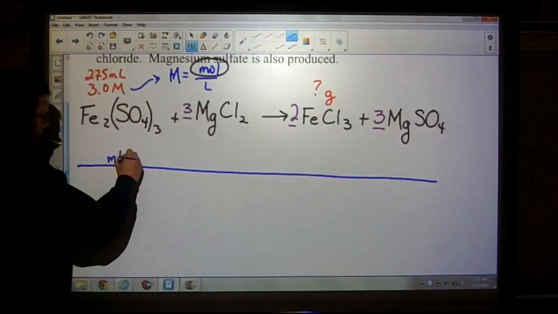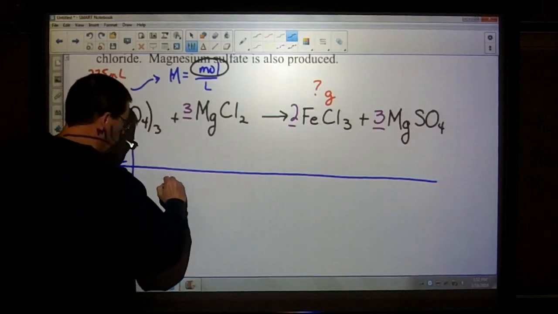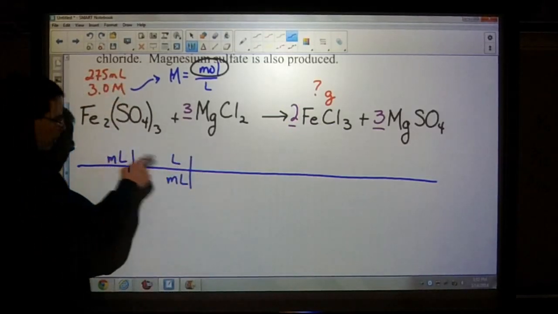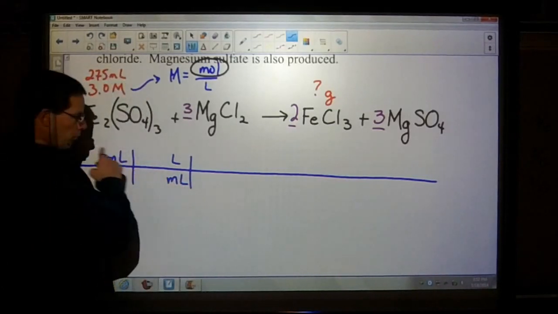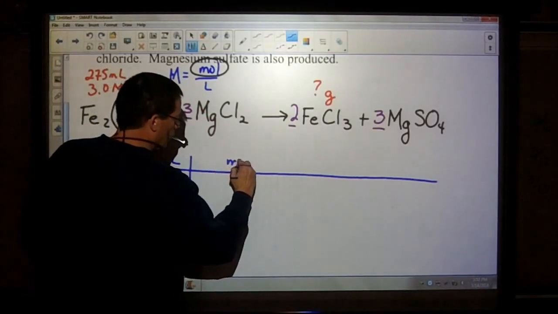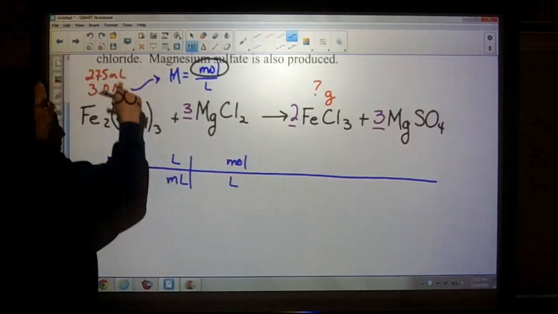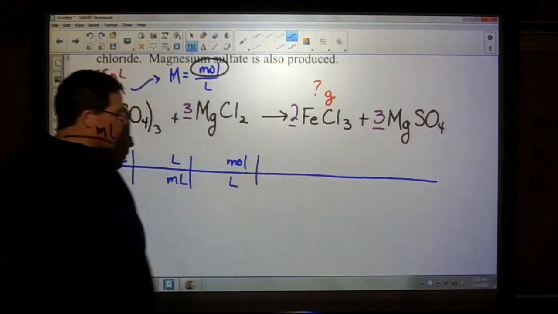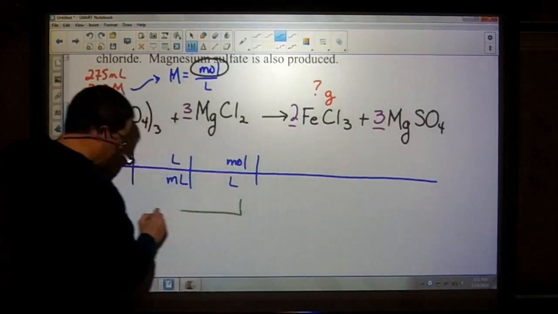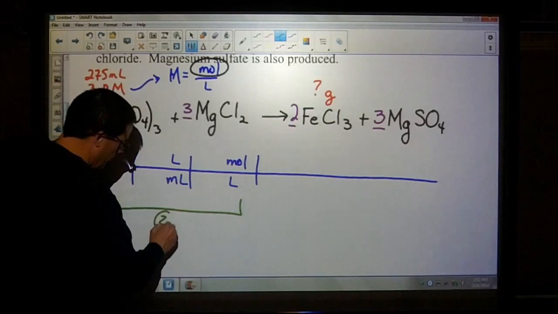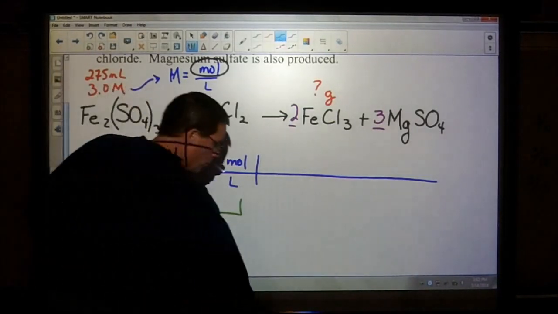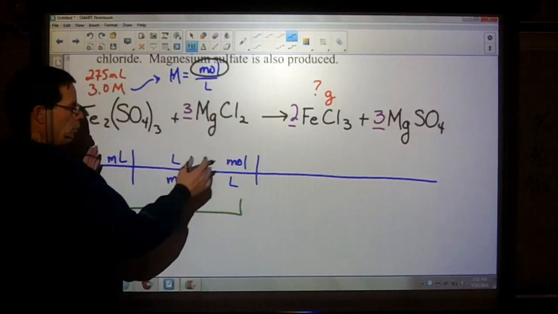So we're going to get rid of milliliters, convert the milliliters into liters. And once we have our liters, our milliliters would cancel, we're going to move our liters down. That's where mole comes into play. That's where our molarity is going to go. So we'll put our molar value in there. So again, this is all step 2. Okay, all step 2. Now, what we need to do is go from step 2 to step 3.